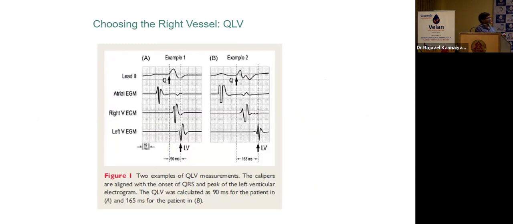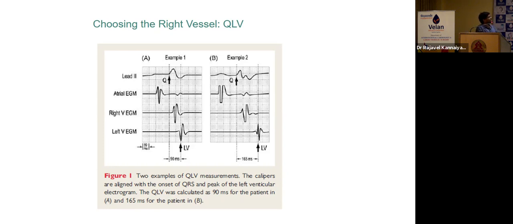Because unlike regular RA and RV leads, where we have either tined leads or screw-in leads, the veins are very thin. We cannot put the screw-in leads there, or we cannot push the tined leads. There is no trabeculae. So when it is canted, it will oppose the walls. It will have some grip, so it won't come out. It won't dislodge.